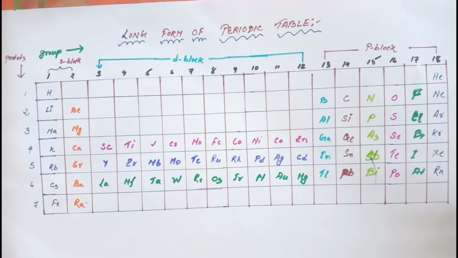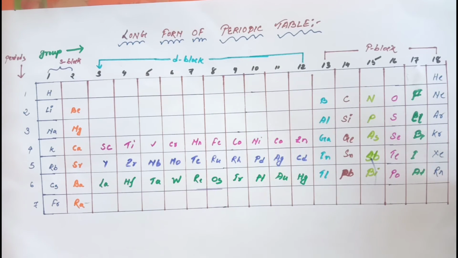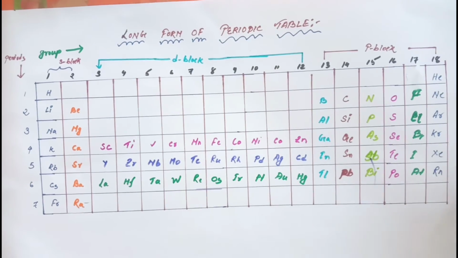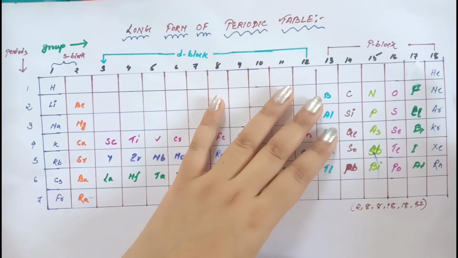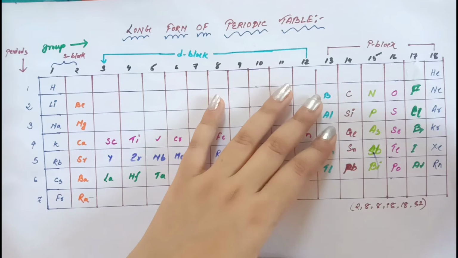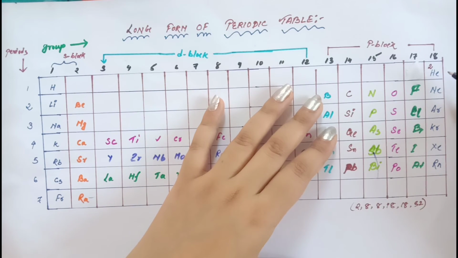We have to know the magic number rule in case of the numbering of all these elements. So the magic number rule is preferred in case of noble gases. These magic numbers are what? So if the atomic number of helium is 2, then we have to add the magic number, that is 2 plus 8 is equal to 10.